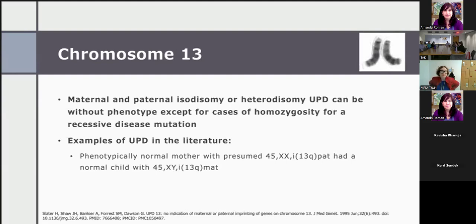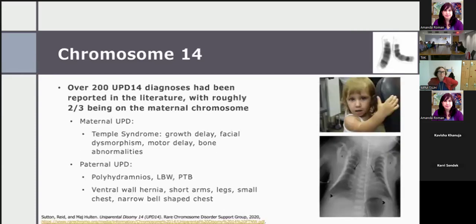But what we have seen from the literature is that there have been cases of a phenotypically normal mother with paternal isodisomy who ended up having a child also with isodisomy, but with a normal phenotype. So this tells us that uniparental disomy for chromosome 13 does not have any specific manifestation, which is not true for some of the other chromosomes that we will be reviewing.